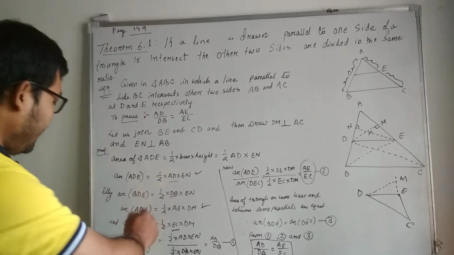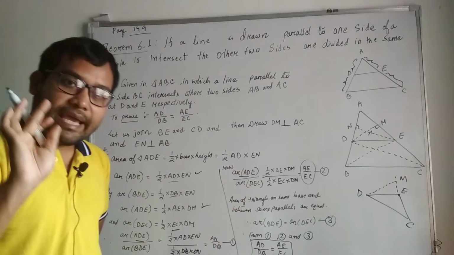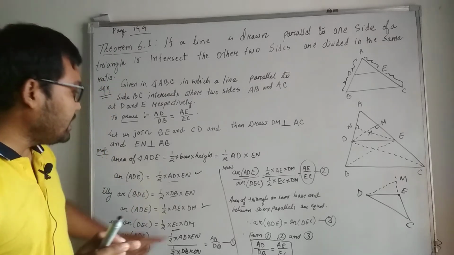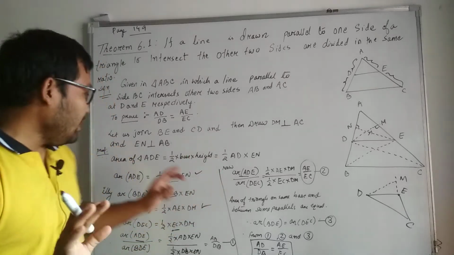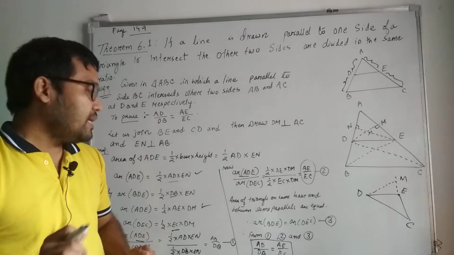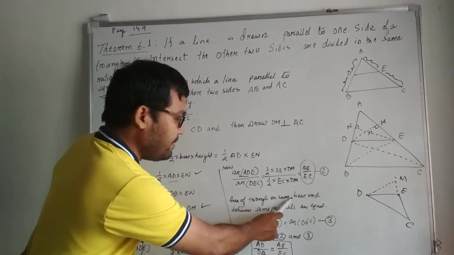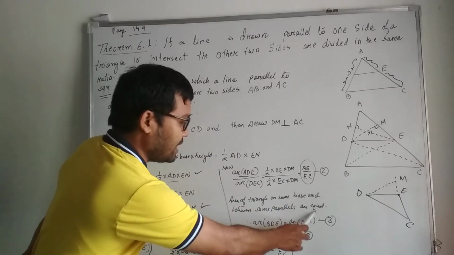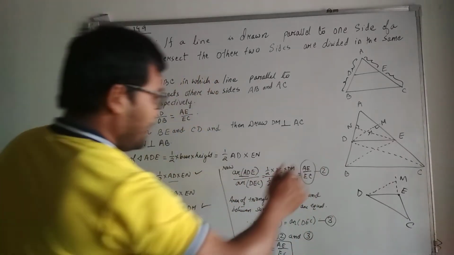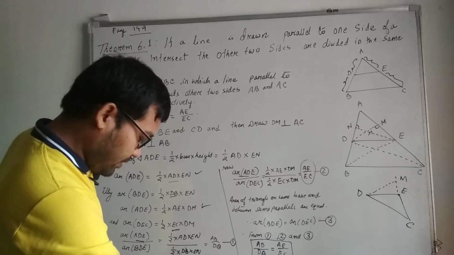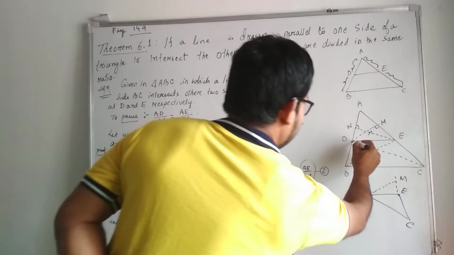Now, if by any means we can make the area of BDE equal to the area of DEC, then from equations 1 and 2 we can get the answer. In class 9, we have read a theorem: triangles on the same base and between the same parallels are equal in area.